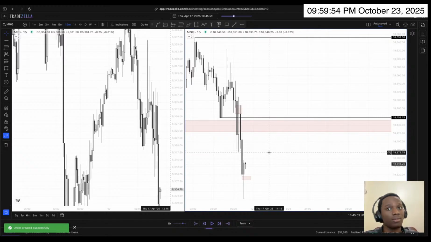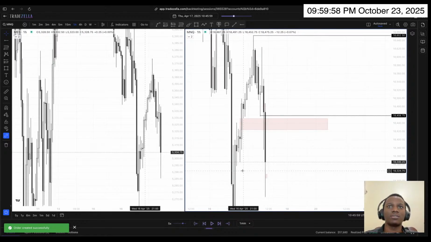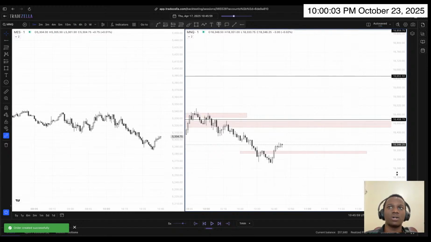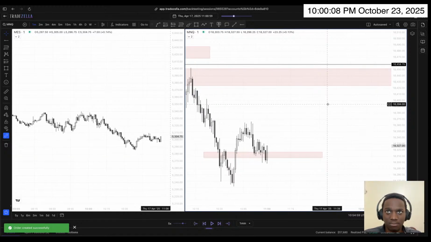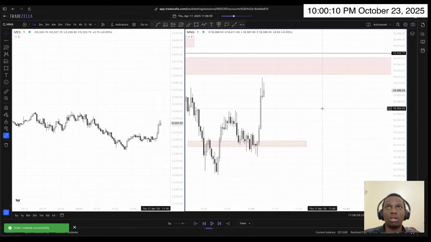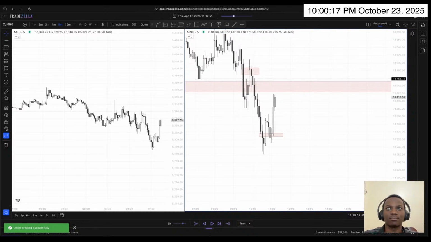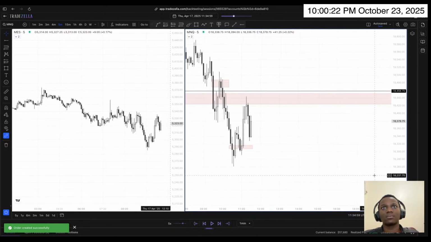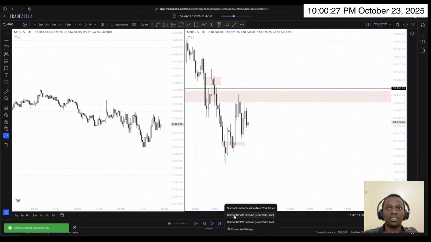A 15-minute candle opening. But why would we head higher after all of this? After all of this, why would we head higher? Just gonna let this pass. Ooh, this was really good though. Okay, we just let this pass.